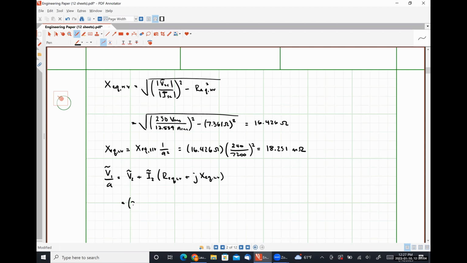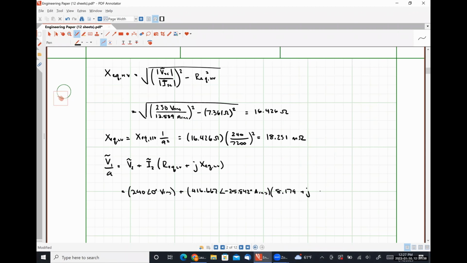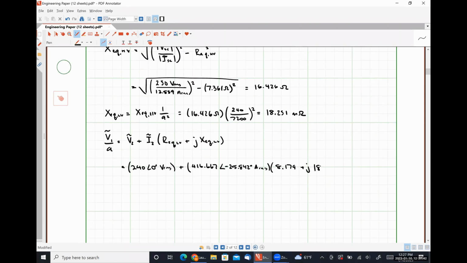Substituting in numbers, that looks like 240 angle 0 degrees volts RMS plus 416.667 angle negative 25.842 degrees amps RMS times 8.179 plus J18.251 milliohms.